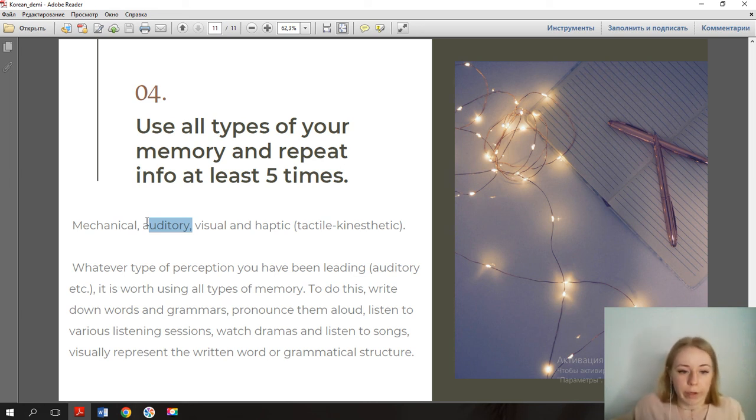It's the best variant. Well, listen to songs. Also, there is a combo when you listen to the song and you can see the lyrics. It's a really nice situation, and it really helps you to memorize your new information. Well, visually represent a written word or grammatical structure. Okay.